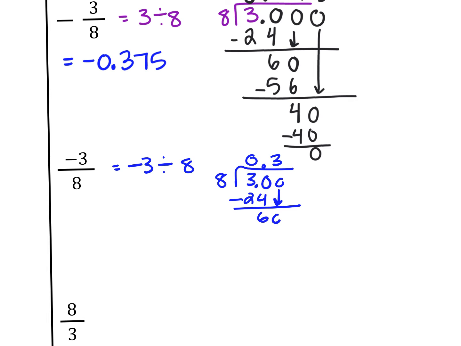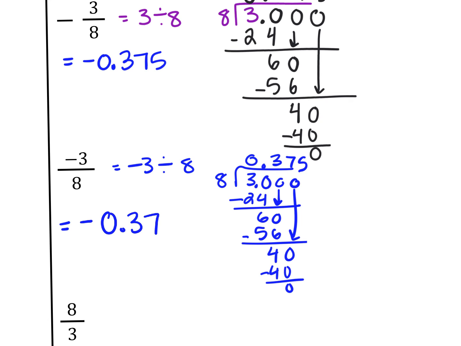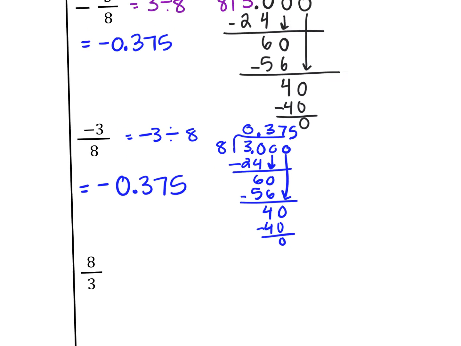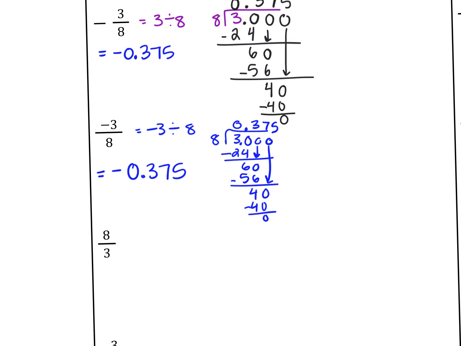Add a 0. 8 goes into 60 7 times. 56. Left with 4. Add a 0. 8 goes into 40 5 times. Okay. And then a negative divided by a positive is going to be negative. They're different signs. So negative 0.375. So all I'm doing right now is I'm changing the fractions to decimals to double check their values.